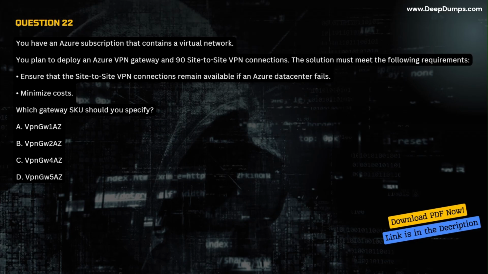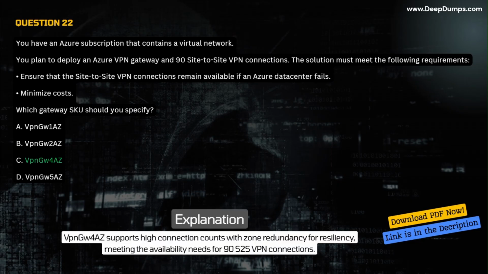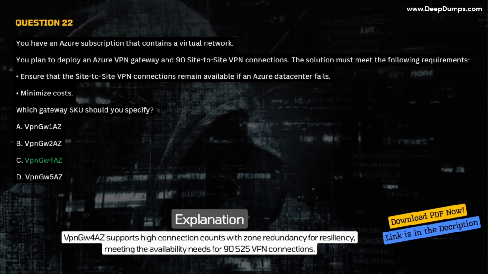B. VPN GW2AZ. C. VPN GW4AZ. D. VPN GW5AZ. Correct answer: C. VPN GW4AZ. Explanation: VPN GW4AZ supports high connection counts with zone redundancy for resiliency, meeting the availability needs for 90 S2S VPN connections.